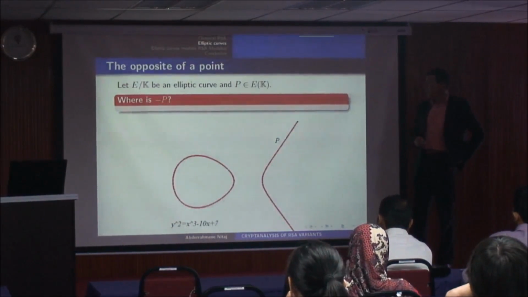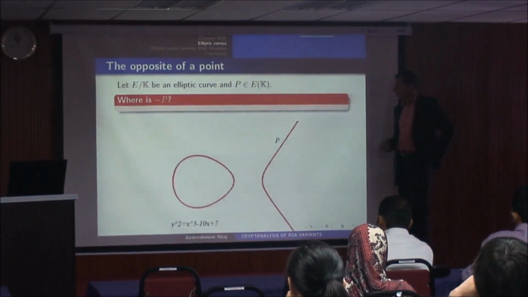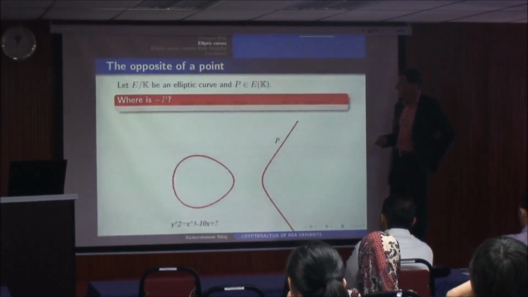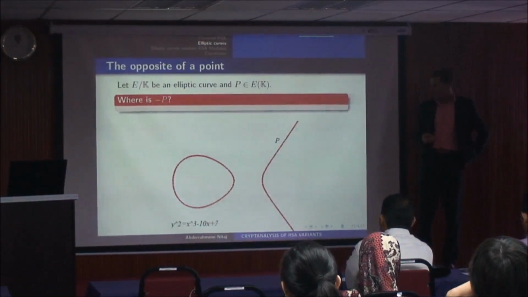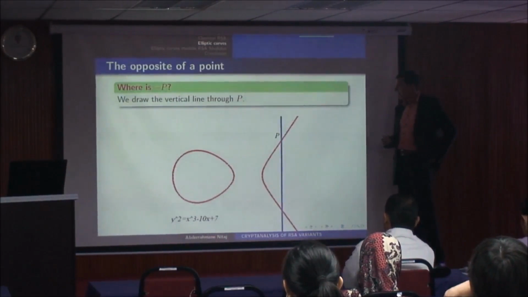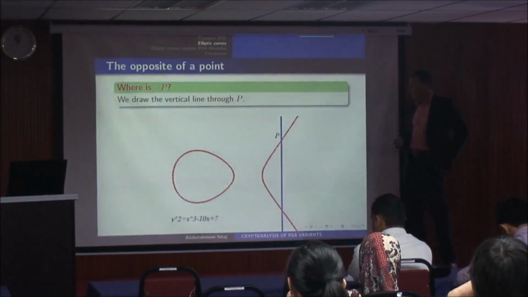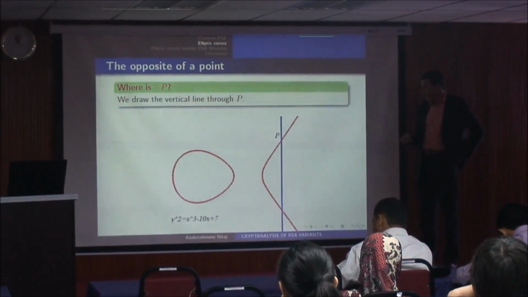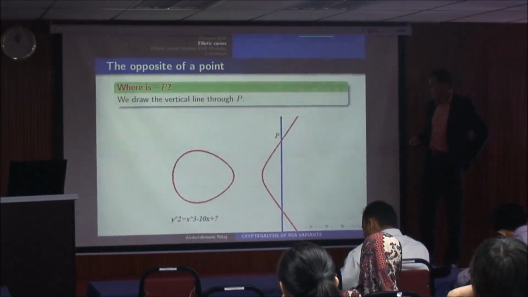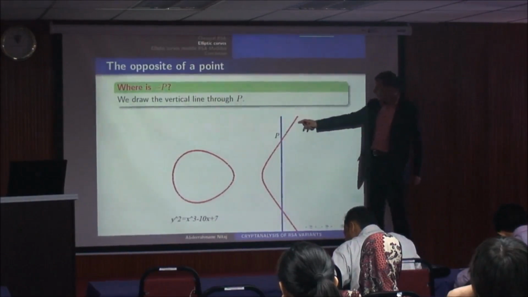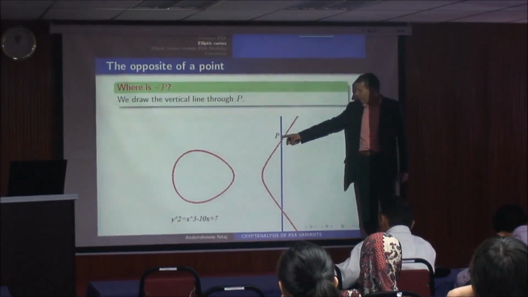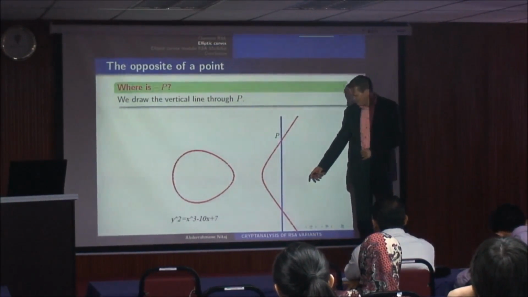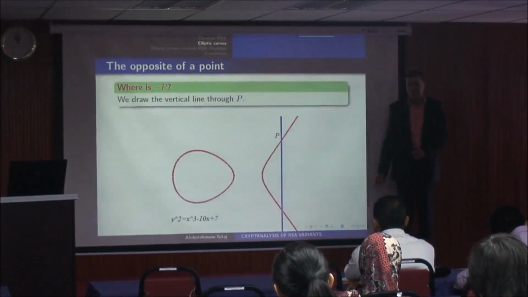For example, if we consider the elliptic curve E over a field K, how do we get the opposite of a point P? The way is to draw the vertical line through P and get the opposite of P, minus P. So in this equation, the point is here, and we draw the vertical line, and we get minus P as the point at this intersection.